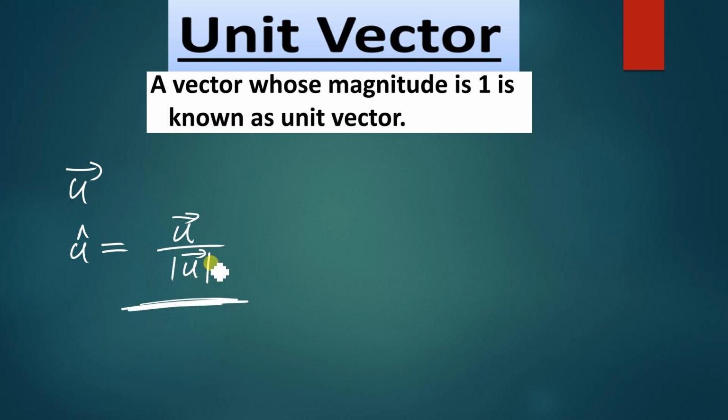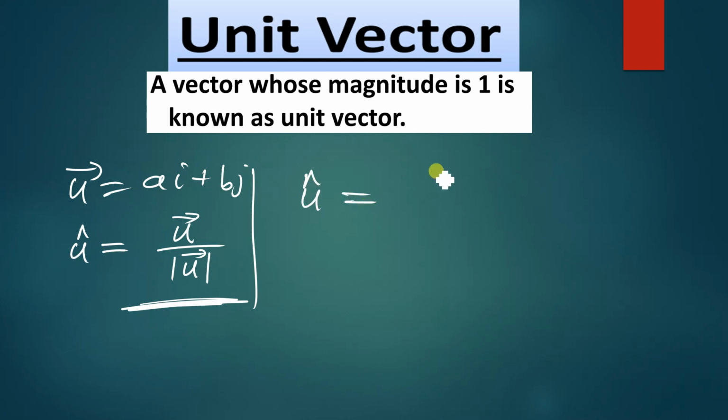So if you have been given the vector u as ai plus bj, the unit vector in the direction of u will be equal to ai plus bj over the magnitude of u.